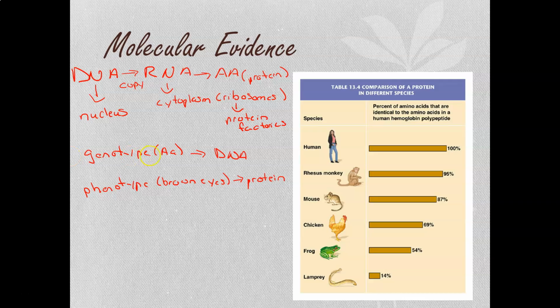So if I had blue eyes, that means my body makes a different set of proteins because I have a different set of DNA. And hopefully that makes sense. So what we can look at then for molecular evidence are those changes in DNA, which will ultimately cause changes in your RNA, which will ultimately cause changes in your proteins.